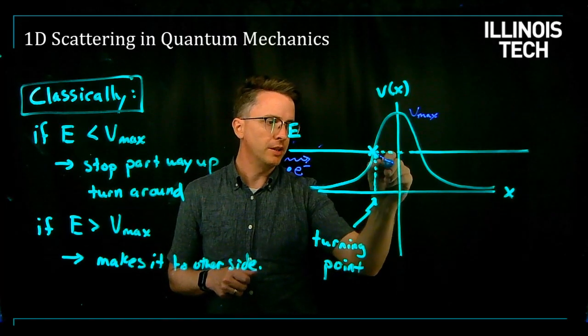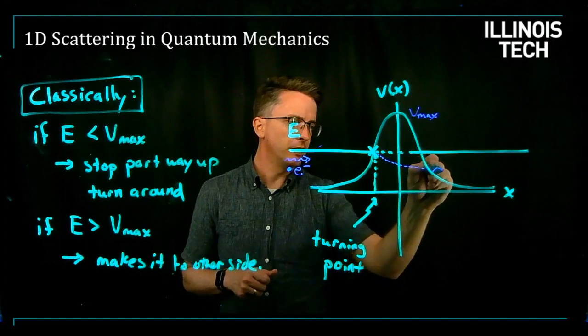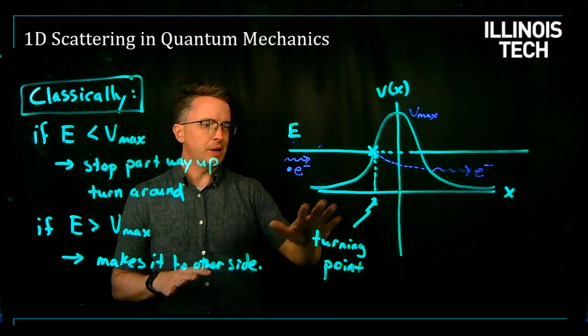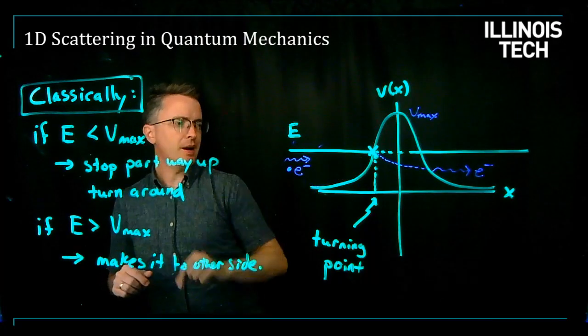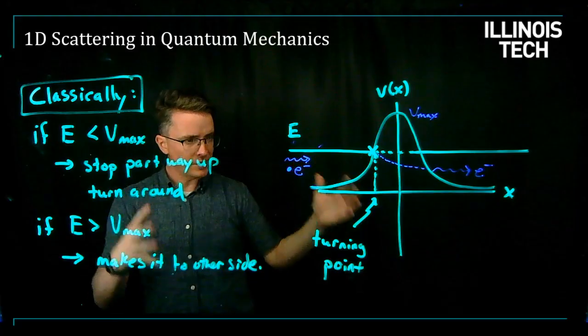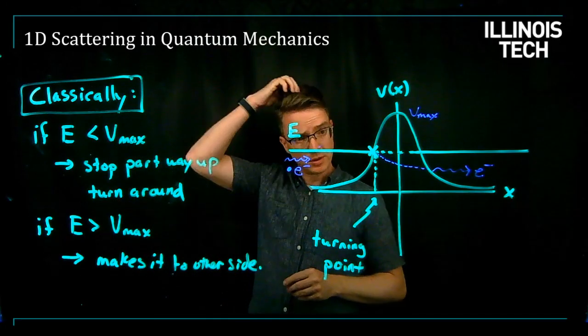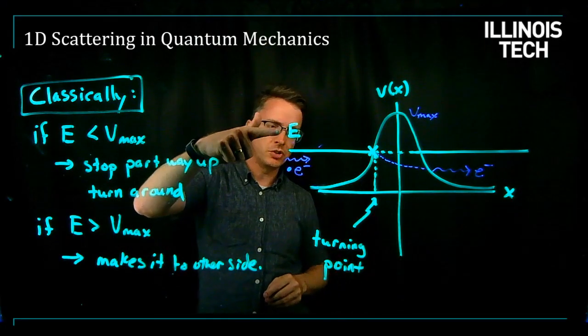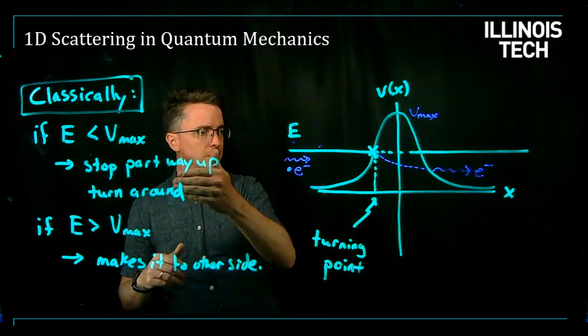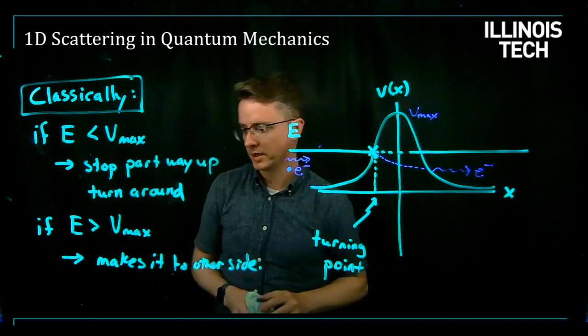It's called tunneling, and then come out the other side. So what we are interested in knowing is what's the probability that the particle will come back? What's the probability that the particle will make it through? These are the questions that we're interested in scattering problems. We specify the energy, we send it towards something, and we ask what's the probability that it's going to be reflected backwards, and what's the probability it's going to make it through.